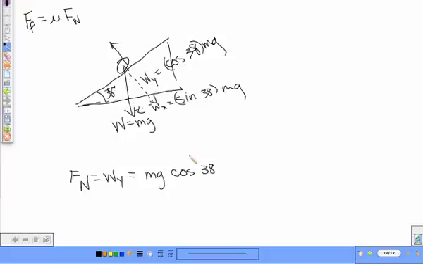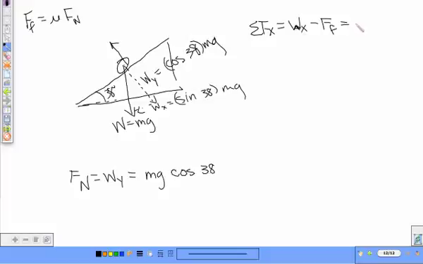Okay, so we know normal force. Are we accelerating? We aren't moving, right? The coin isn't moving. So our net forces in the x direction, that's just when it starts to move. So at 38, that's where we're still using static friction.